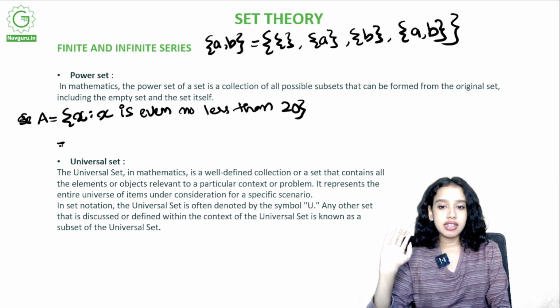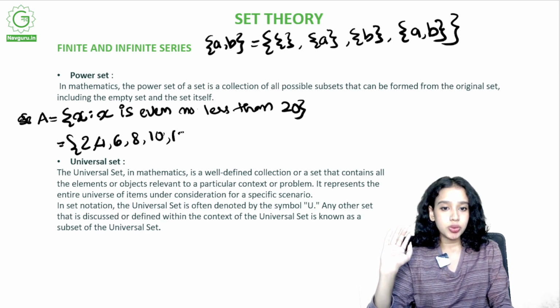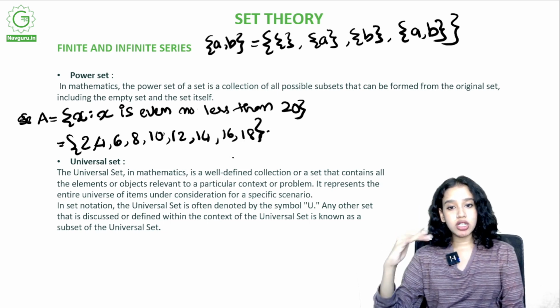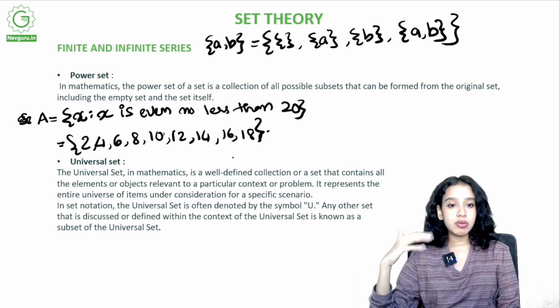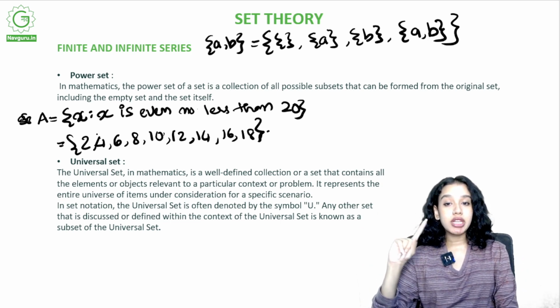So what are we dealing with here? We have 2, 4, 6, 8, 10, 12, 14, 16, 18. I'm not including 20. So this is the set of even numbers which are less than 20. How many elements do we have here? 1, 2, 3, 4, 5, 6, 7, 8, 9.